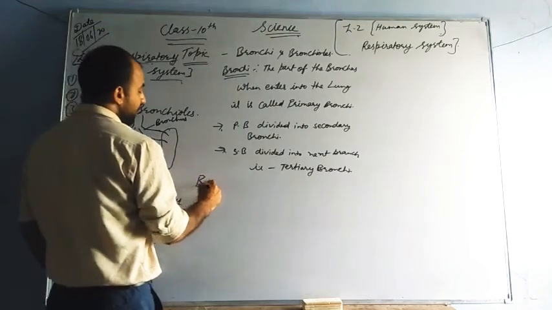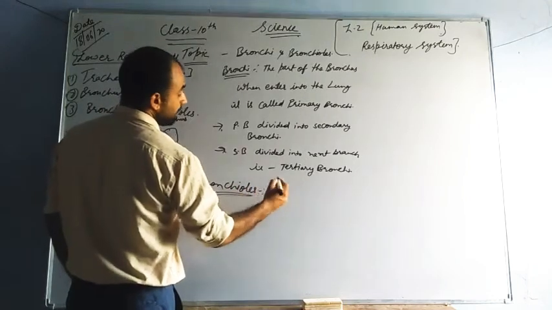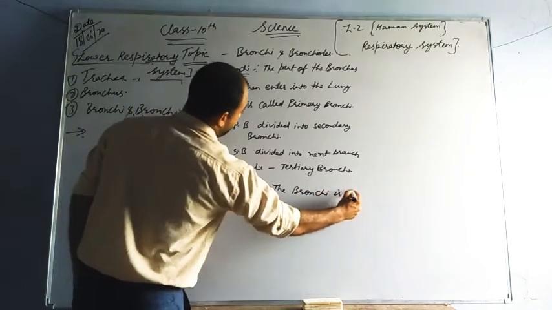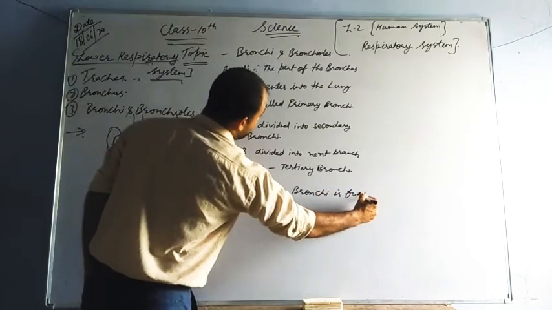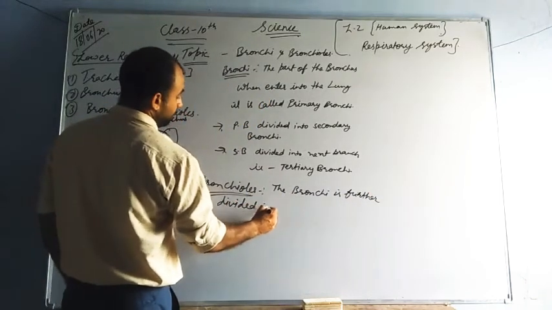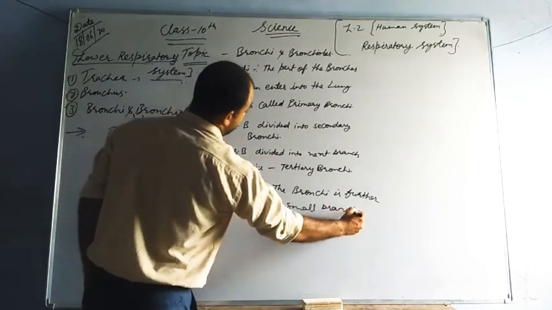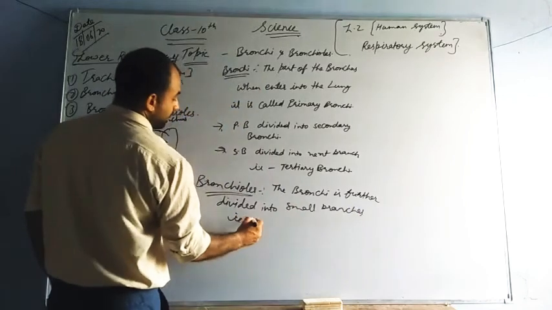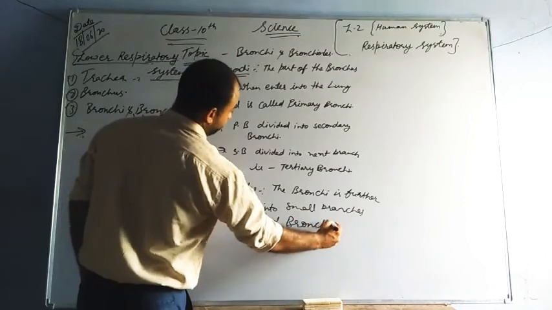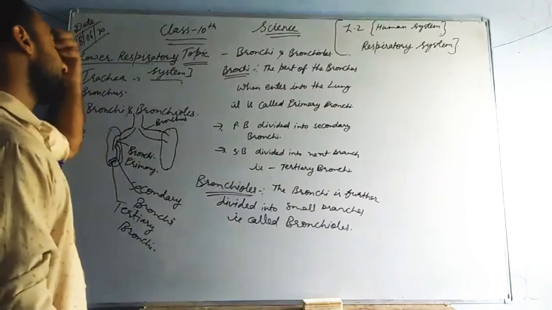After that, the next part is coming, which is called bronchioles. The bronchi are further divided into small branches, and those are called bronchioles.